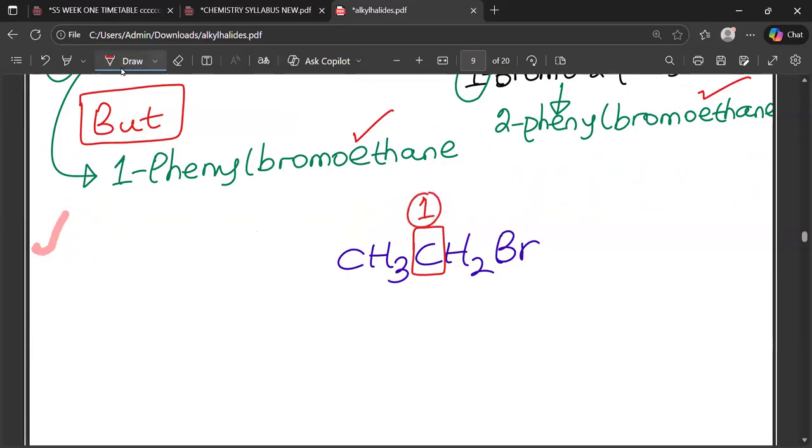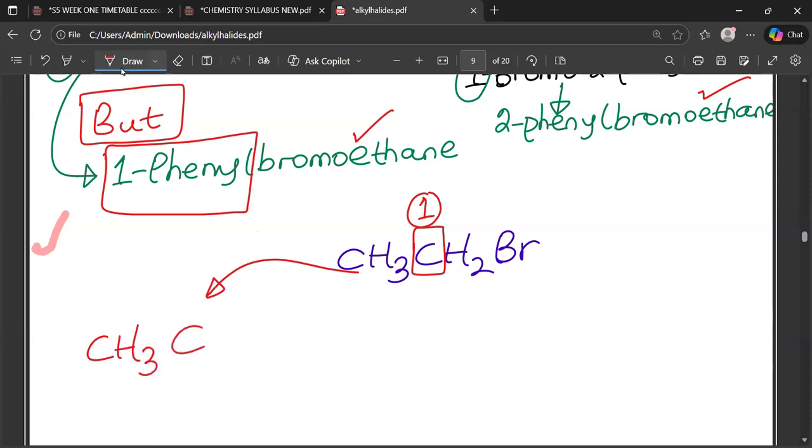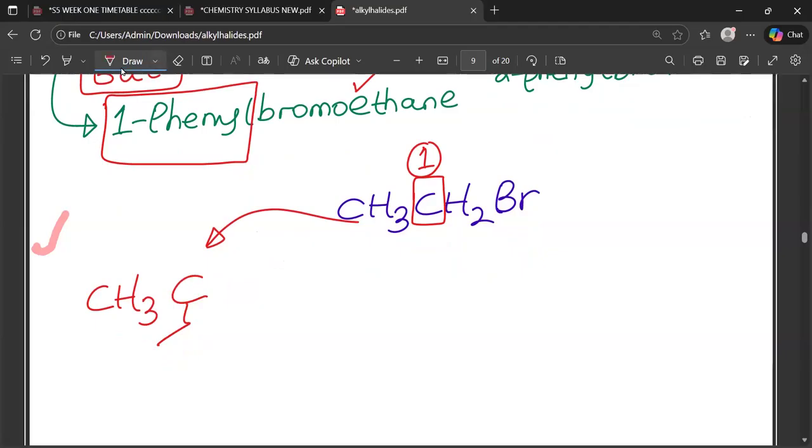So when someone says 1 phenyl bromoethane, they are telling you that on this very carbon atom, that first one, that's where the phenyl group has decided to come and sit.